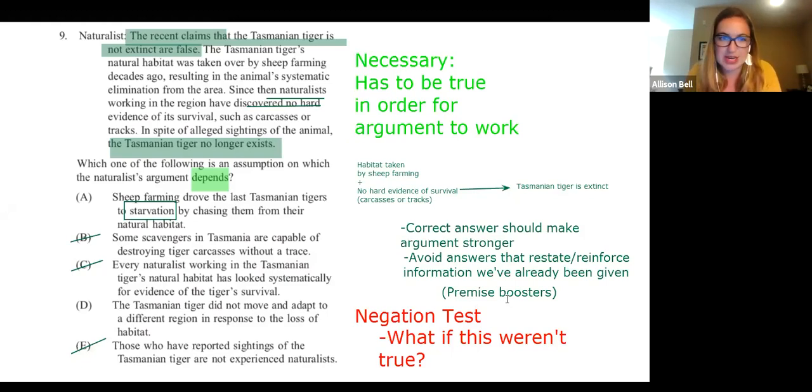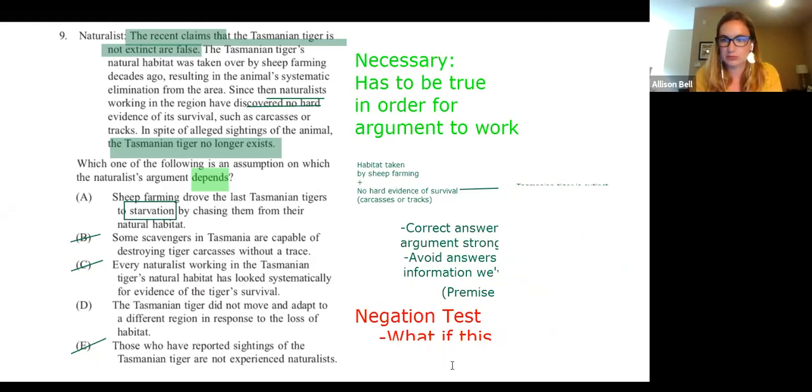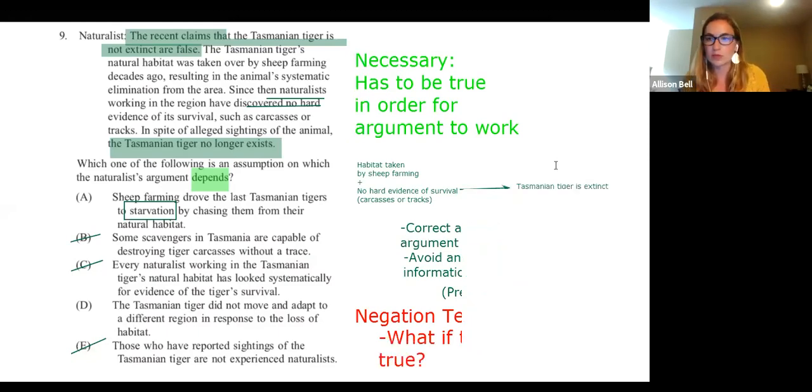Could you think of any other ways that they could still be extinct even though sheep farming didn't drive them to starvation? Okay, yeah, maybe there was a harmful disease that the sheep brought and that killed the tigers.